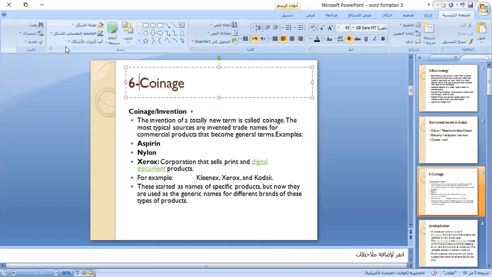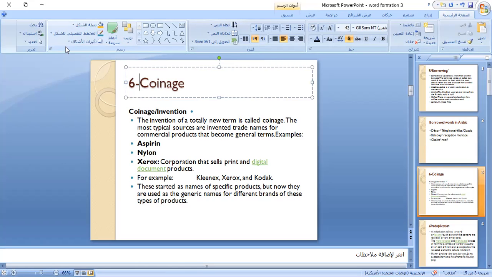Not like abbreviations, like NATO, where you keep the initial letters of the words and pronounce it as a new word. So it's not like that. It is a matter of inventing a new word.